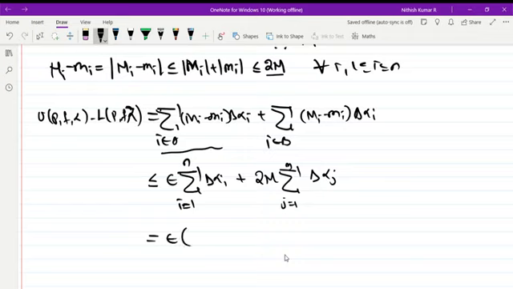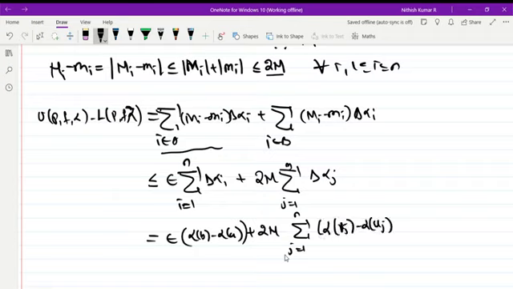Now this is equal to epsilon into the sum over i from 1 to n of delta x alpha i, which is nothing but alpha of b minus alpha of a, plus 2m into the sum over j from 1 to n of delta alpha j, which is nothing but alpha of vj minus alpha of uj.